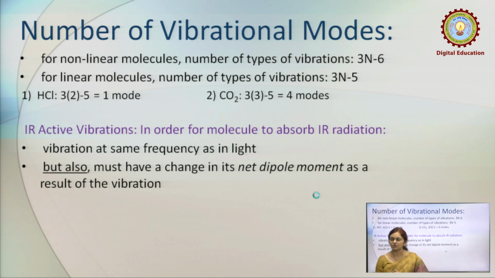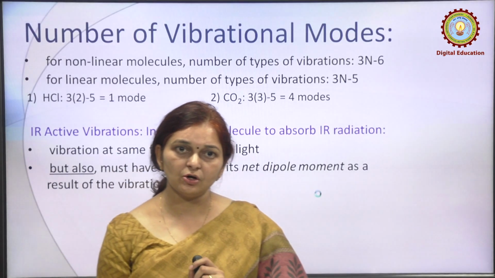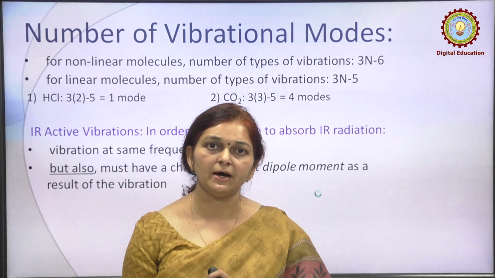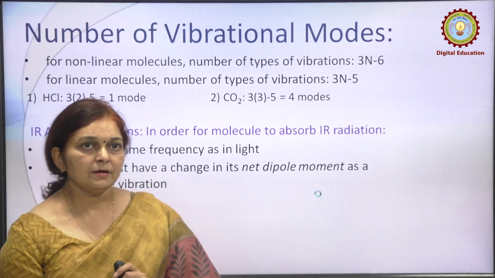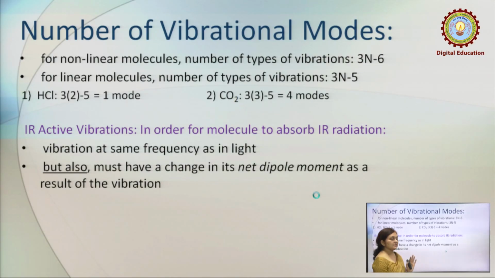Number 1, the incident frequency is the same as the frequency of the vibrating molecule. And the second and most important condition is that there must be a net change in the dipole moment of the molecule.